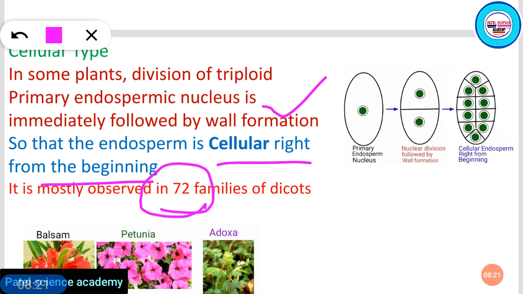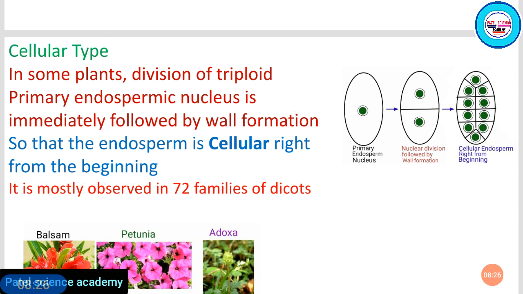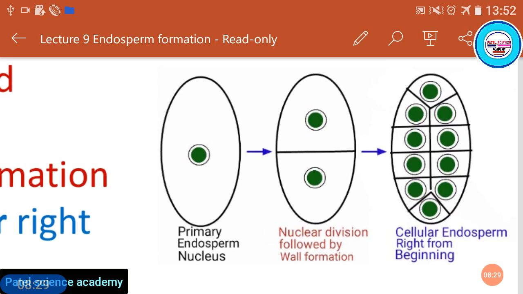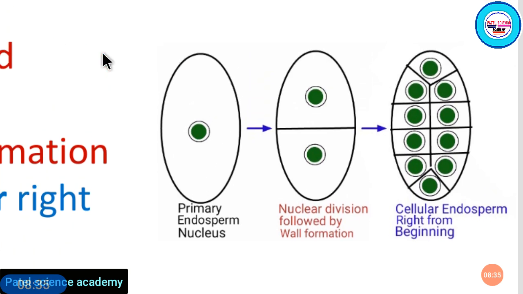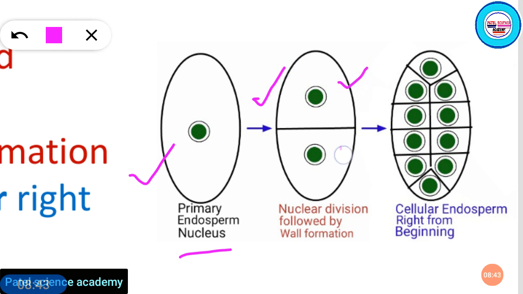These are mostly observed in 72 families of the dicotyledons, and diagrammatically it is like this. You can see here, this is that PEN, the primary endospermic nucleus. It goes for cell division and divides into two nuclei, and you can see here each nucleus now has a cell wall, which starts from the beginning, around each nucleus there is a formation of the cell wall.